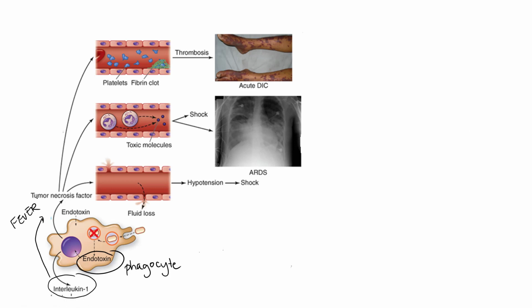Okay, and then what happens is that another type of cytokine gets released called tumor necrosis factor. So this is a type of cytokine, a signaling molecule. So these phagocytes are responding to the endotoxin, and it's really this chain reaction of events that leads to these serious conditions.